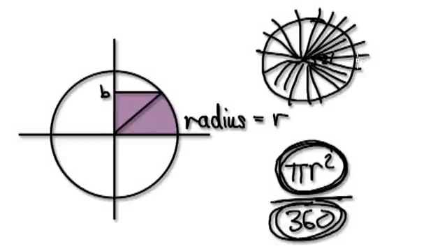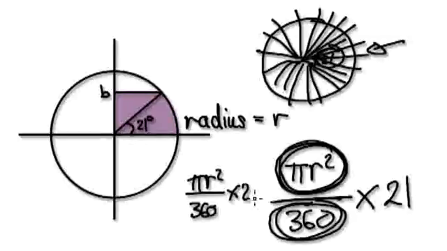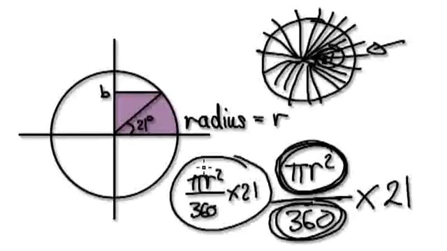In this case we've got 21 degrees here, so we would get 21 pieces. So let's just suppose this is 21 degrees here. To work out this area here, we would do pi r squared, which gives us the area of the full circle, cut it up into 360 equal pieces and then get 21 pieces. Then this thing here would represent this area here.